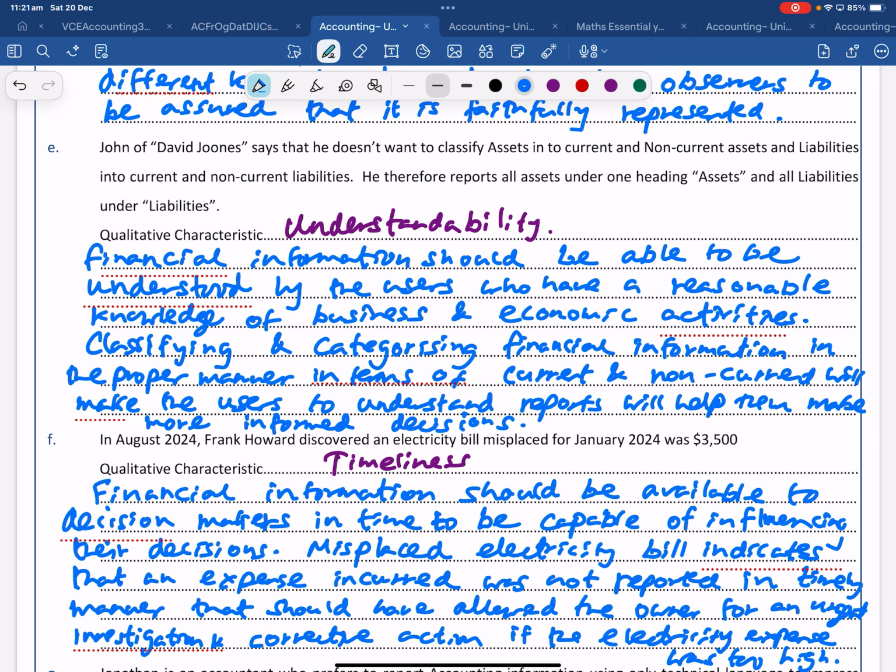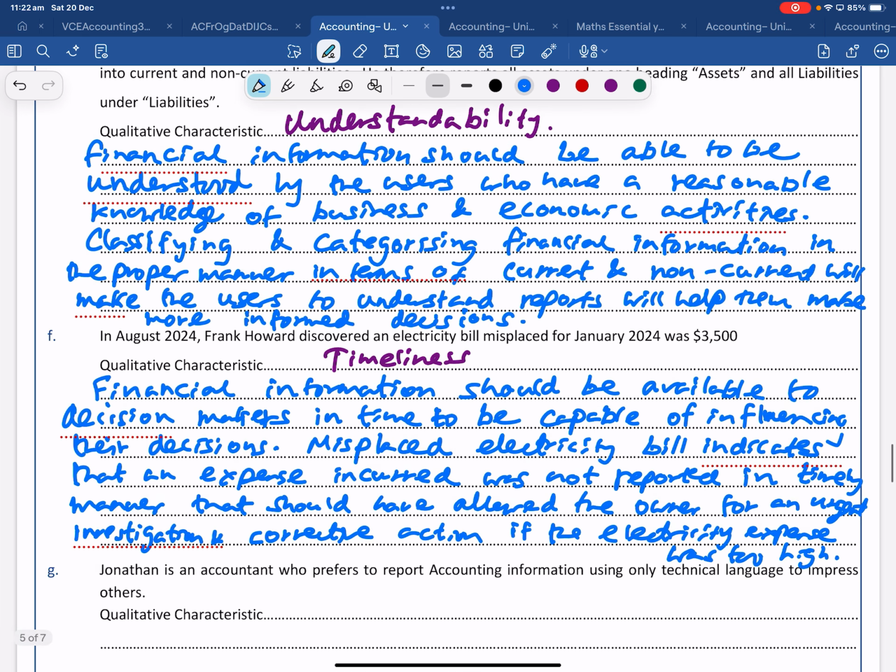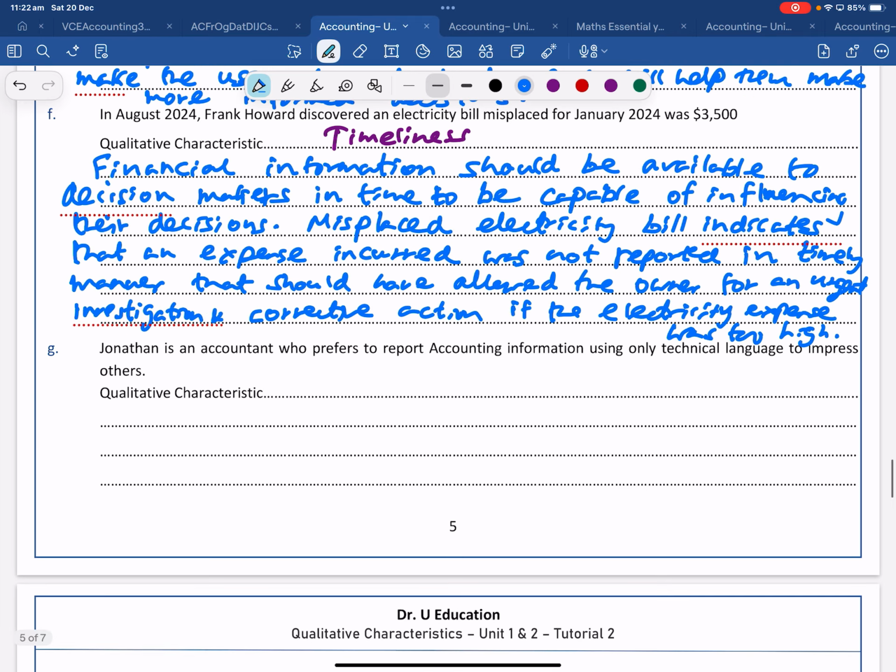So we will say the first part: financial information should be understandable, comprehensible for the users who have a reasonable knowledge about accounting and business and economic activities. And then we apply it.